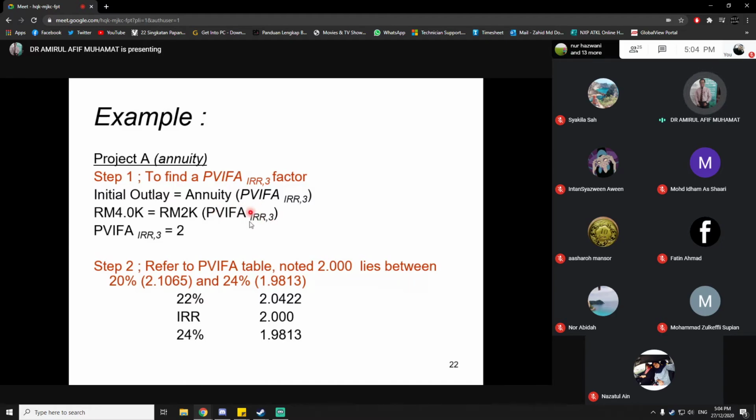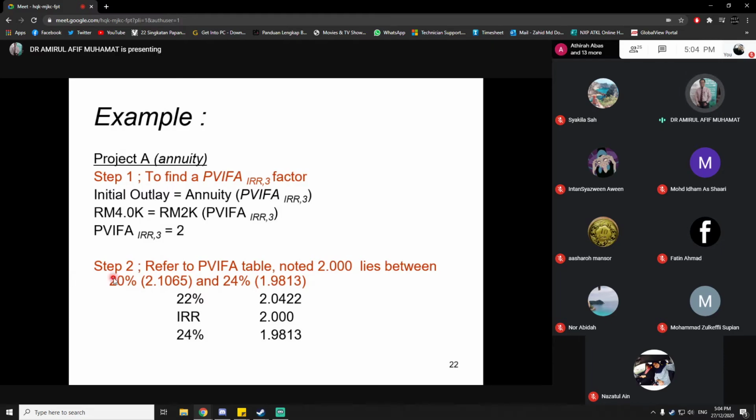This is the thing that you need to find, the percentage. The period, the length, is 3 years. So 4 divided by 2, then you will get 2. The 2 here is actually representing a factor. What kind of factor? This is the factor as in your factor table.